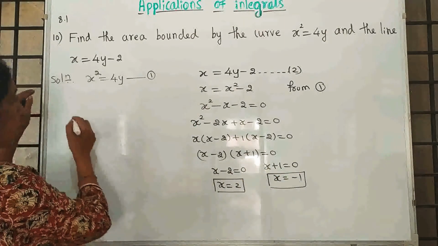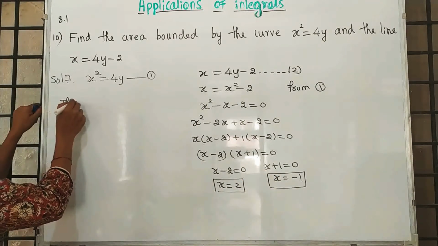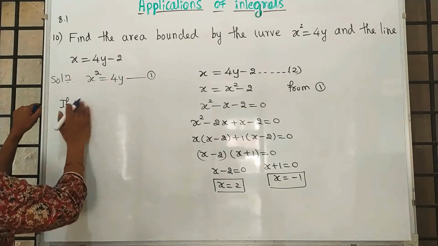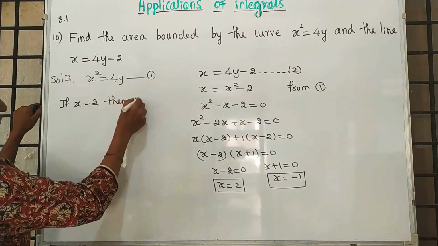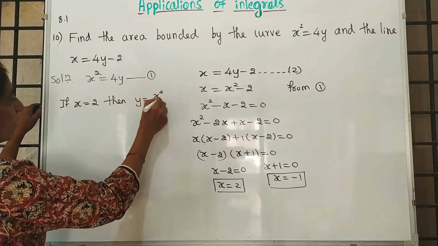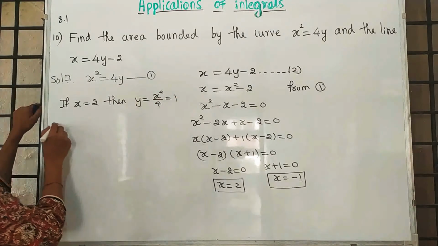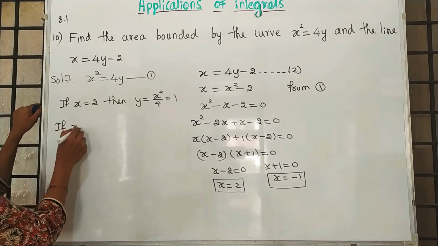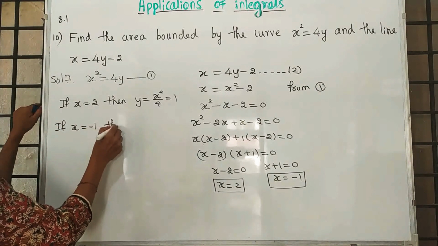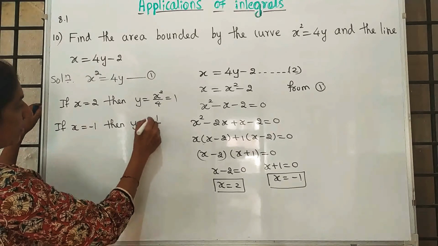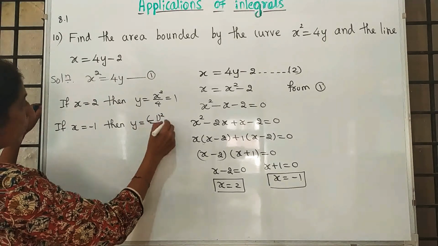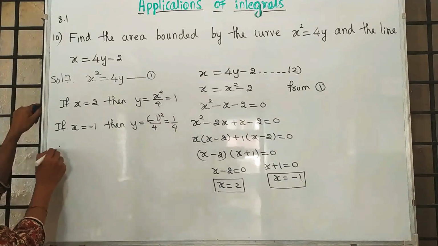If x is equal to 2, then y is equal to x square by 4, that is 1. If x is minus 1, then y is equal to minus 1 square by 4, that is 1 by 4.